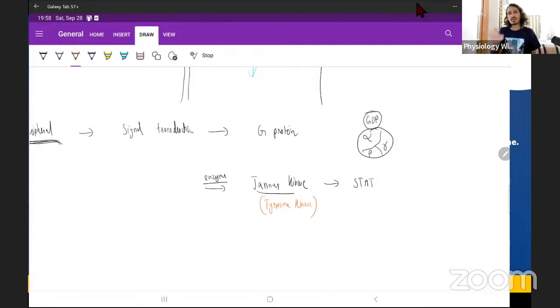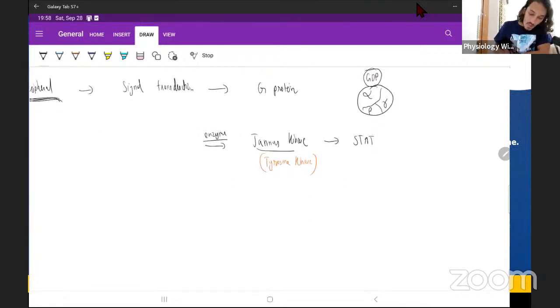So tyrosine residues are phosphorylated. Okay, so this is one example. Growth hormone, for example. Now, apart from this, they're also involved in the cell adhesion molecules that we were talking about.